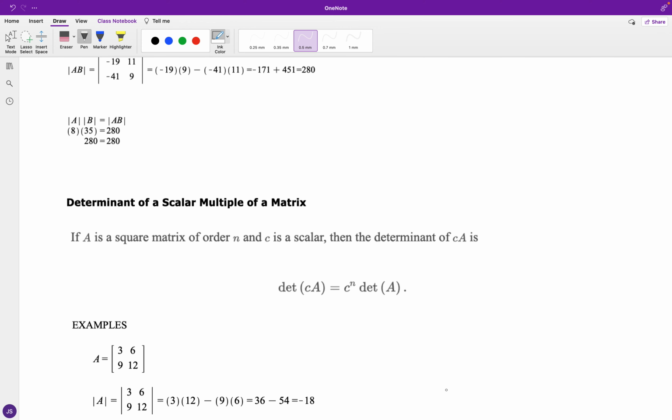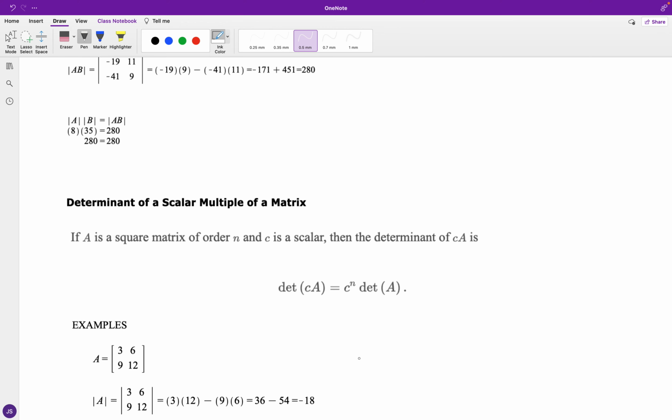All of these values inside are multiples of 3, but just looking at it at face value, with the regular determination of the determinant, you have 3 times 12 minus 9 times 6, and we have 36 minus 54, which comes out to -18.